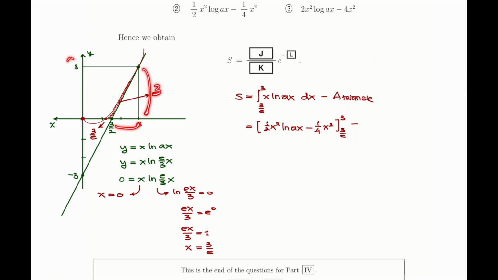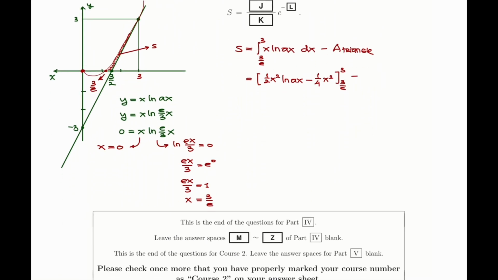Height is 3, and then the base is 3 minus 3 over e. You will get the base here. Half times base times height.